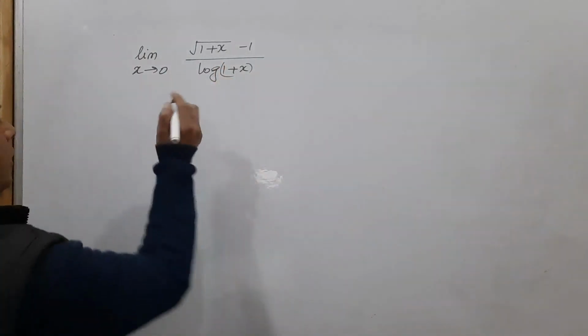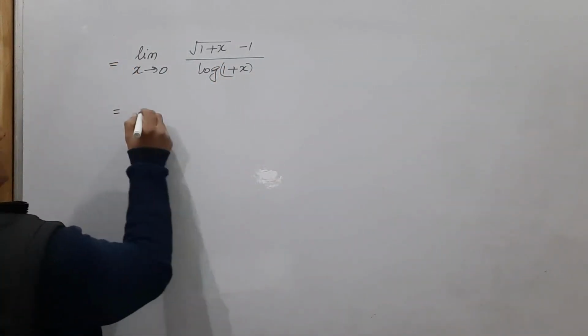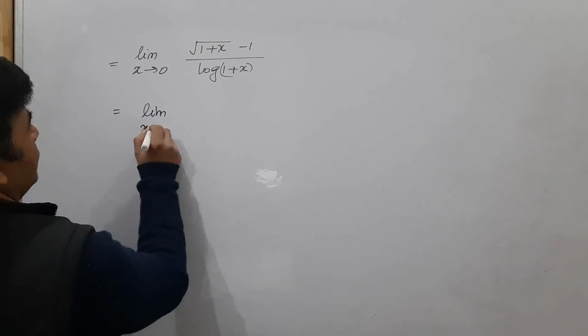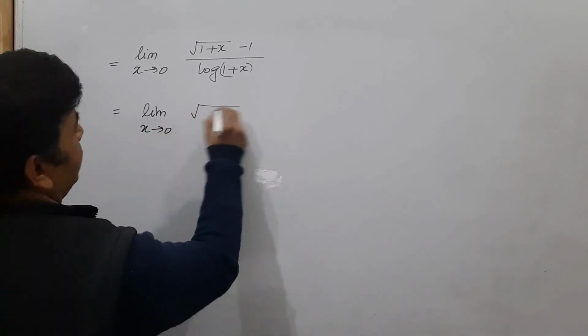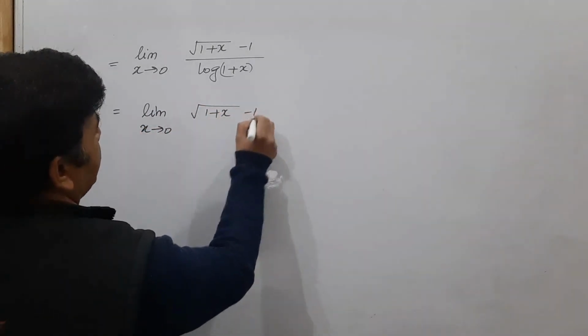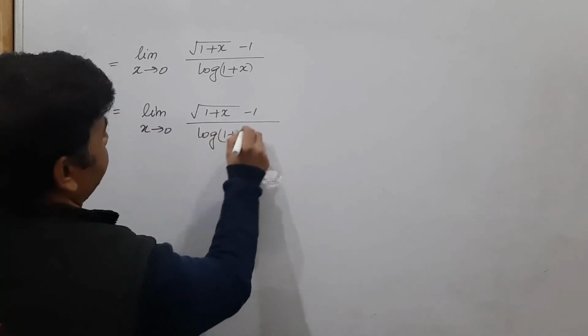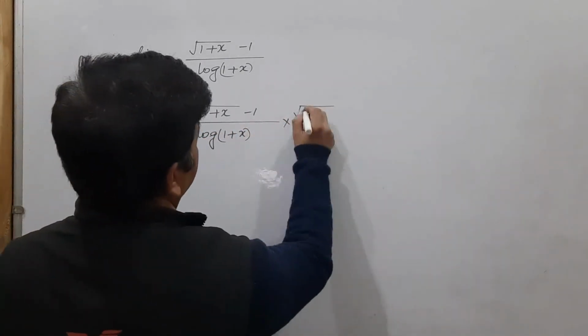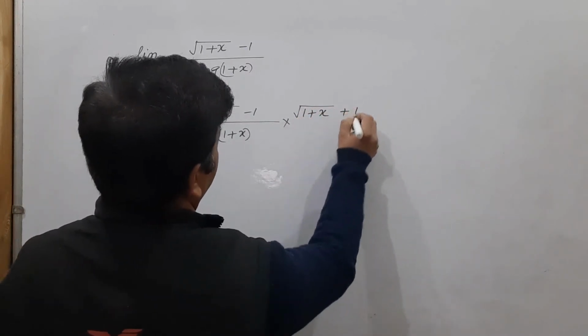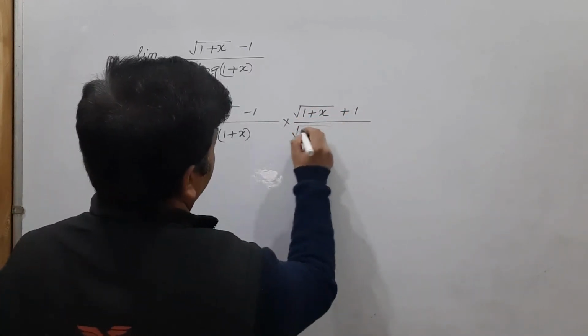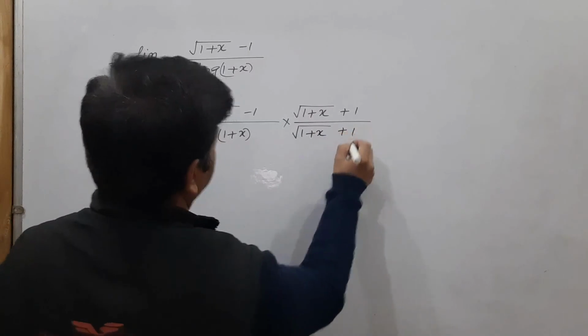So let me do the rationalization first. पहले हम रैशनलाइज कर लेते हैं इसको। This is your limit x approaches to 0 square root of 1 plus x minus 1 upon log of 1 plus x, multiplied by square root of 1 plus x plus 1 upon square root of 1 plus x plus 1.